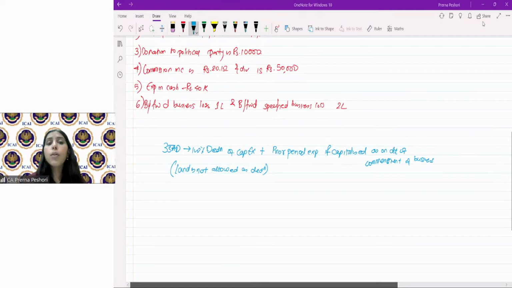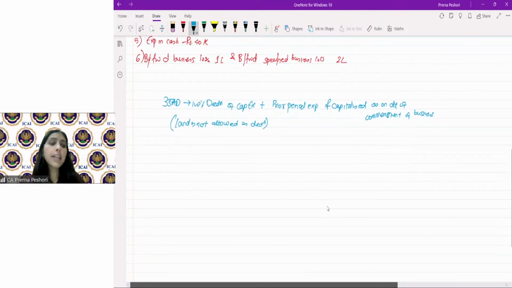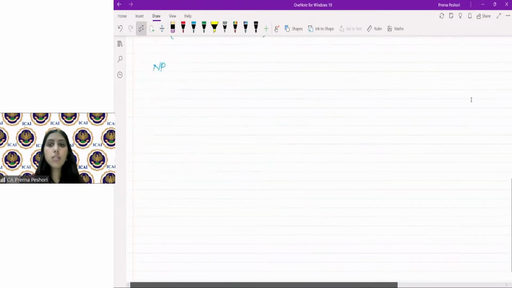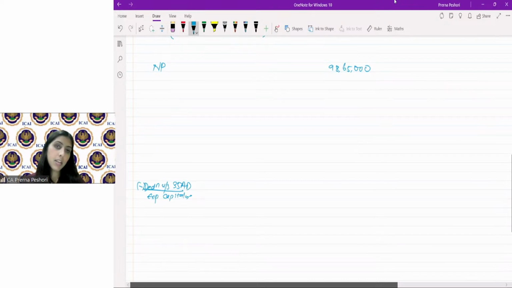Are we getting that? So how much is the expenses which is allowed as the deduction? The first is, as I said, 18,78,000. So if I have my net profit of 98,65,000, I will take deduction under section 35AD, expense capitalized is 18,78,000.